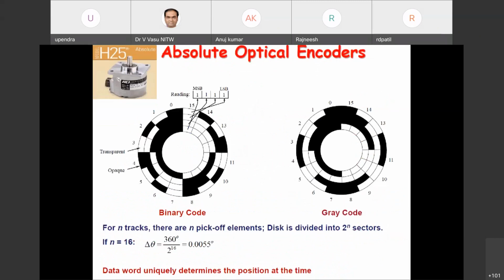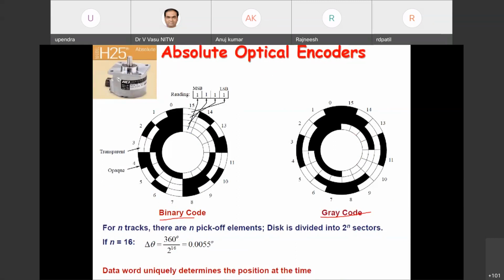Okay, the important thing in absolute optical encoders is the coding, which is one of the different things. We are going to have two different types of coding: the binary coding and the gray coding. Gray coding is considered like an ASCII code, and the binary coding is the exact coding.